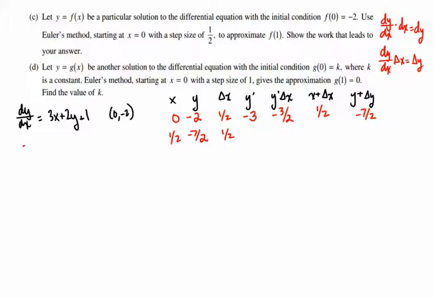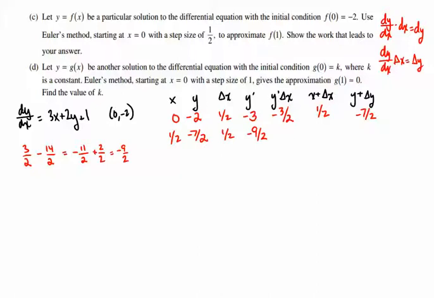So we had 3/2 minus 14/2, which is negative 11/2, and then plus 1, which would be negative 9/2. So our y prime is negative 9/2.